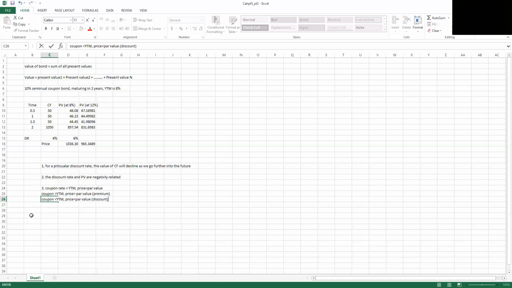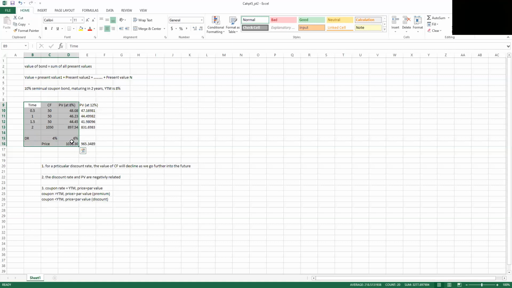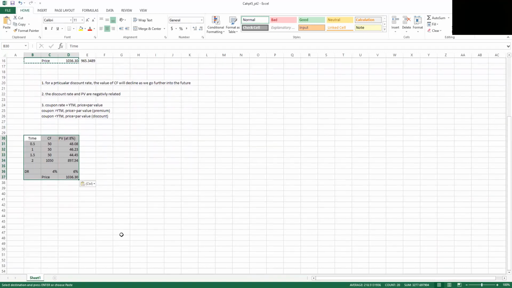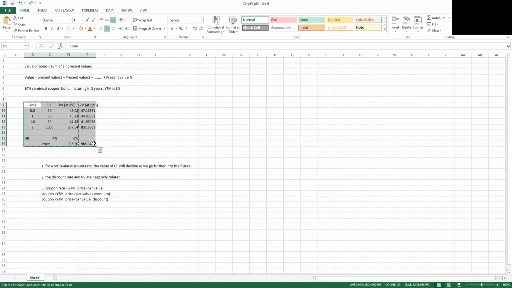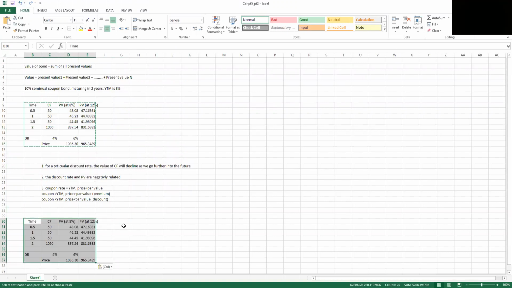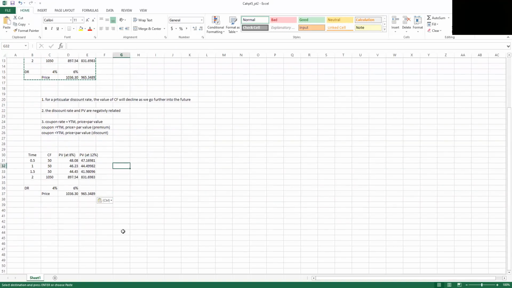Another very important property of bond pricing is that as we go near to the maturity, the price of the bond will move towards its par value.